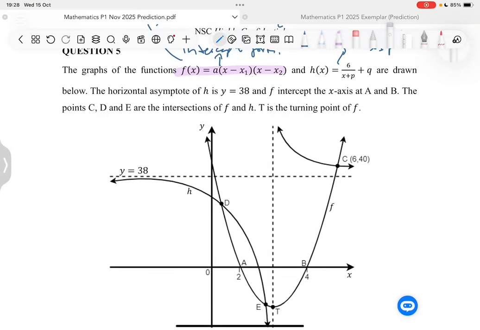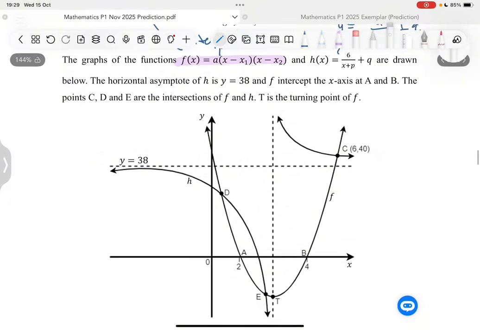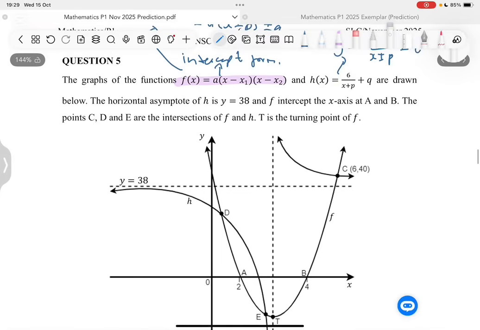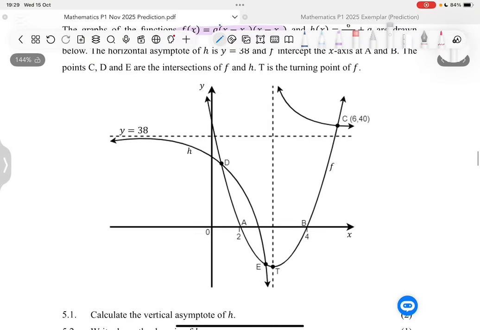And they further say that f has the intercept at point A and point B here. These are the x-axis intercepts. This is where this graph will intercept the x-axis. Now, these values are the values that we're going to use for x1 and x2. So x1 will be a 2 here and x2 will be a 4 when we use the intercept form, because the intercept form basically gives us the intercepts that we have with the x-axis.